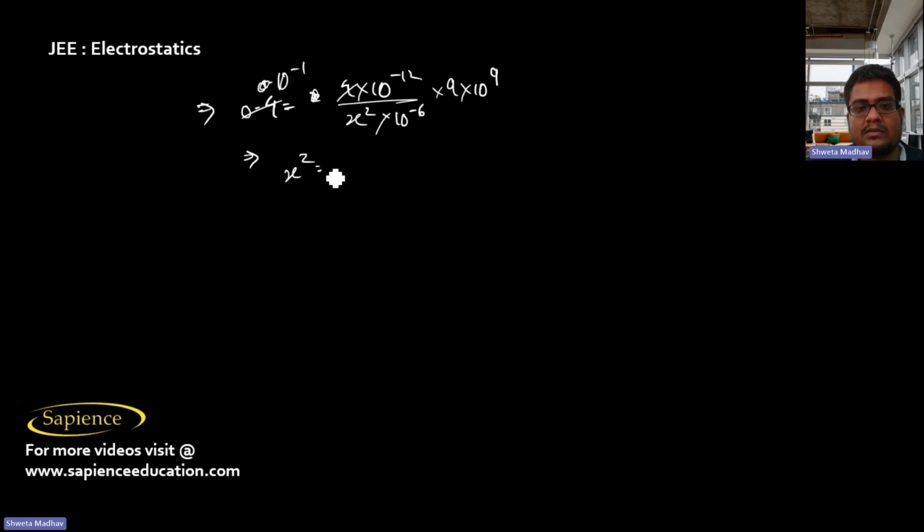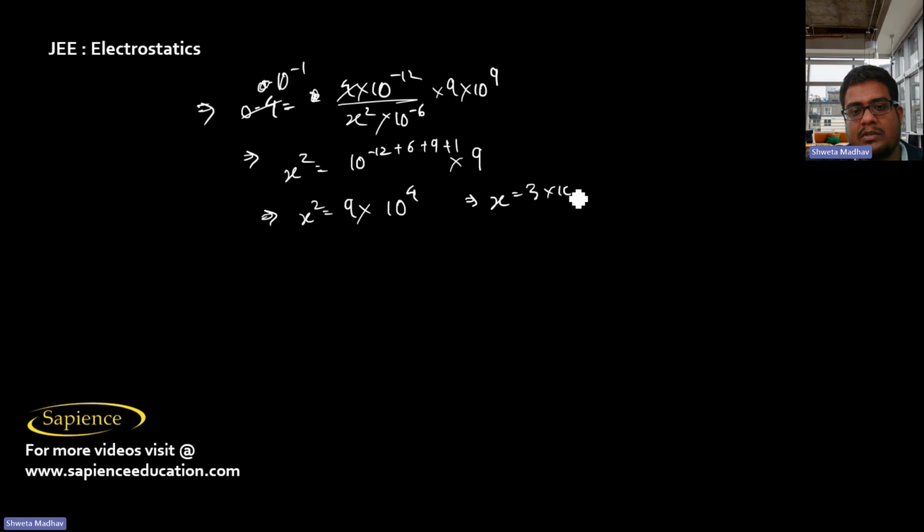So x squared is equal to 10 power minus 12 plus 6 plus 9, divided by minus 1, so 10 plus 1 into 9. So x squared will be equal to 9 into 10 power 4. So x will be equal to 3 into 10 power 2.